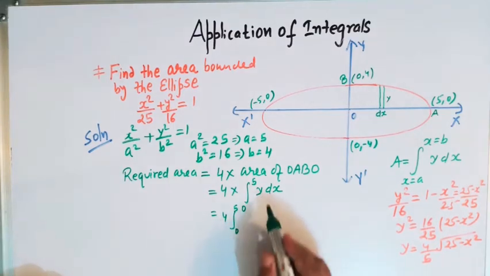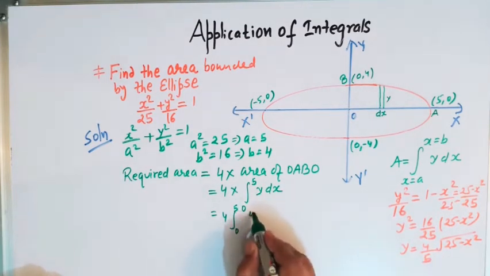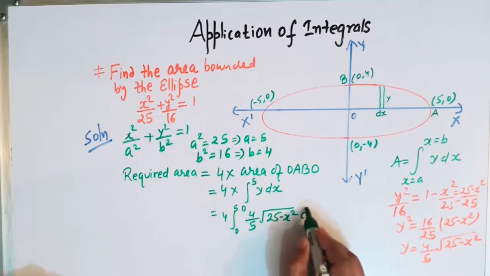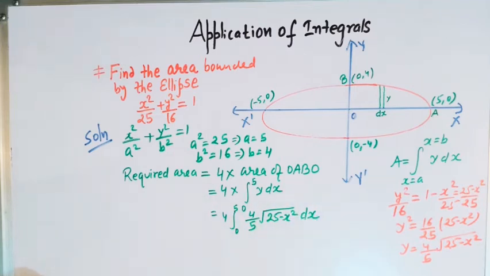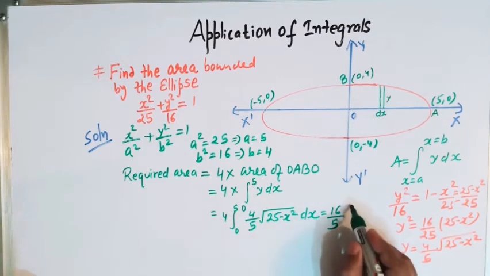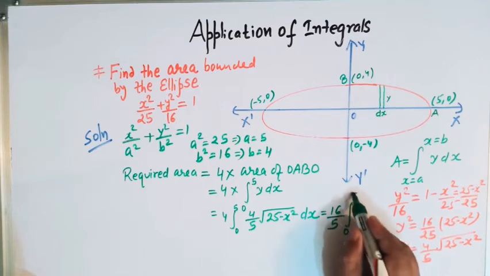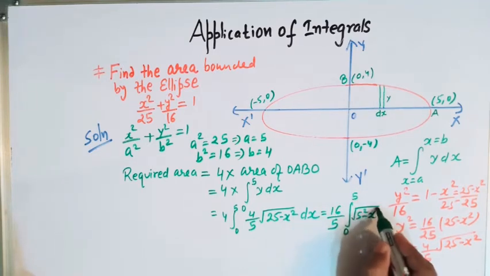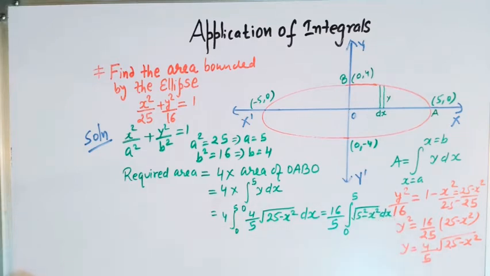Therefore if we substitute this value of y here, we get 4 by 5 times square root of 25 minus x square, and here we have dx, right? Now this can be written as 16 by 5, and we integrate it from 0 to 5, square root of 5 square minus x square dx, right?